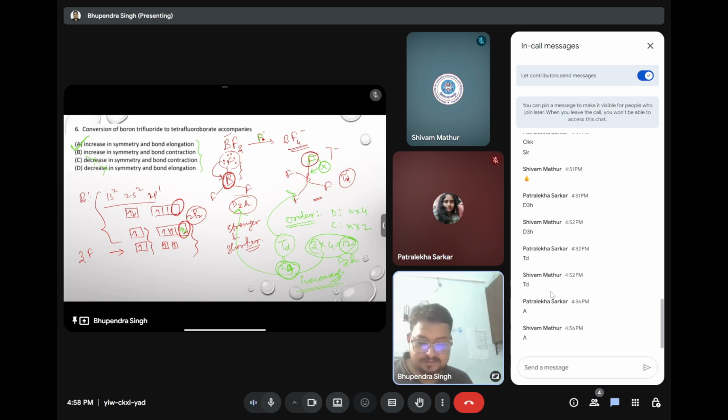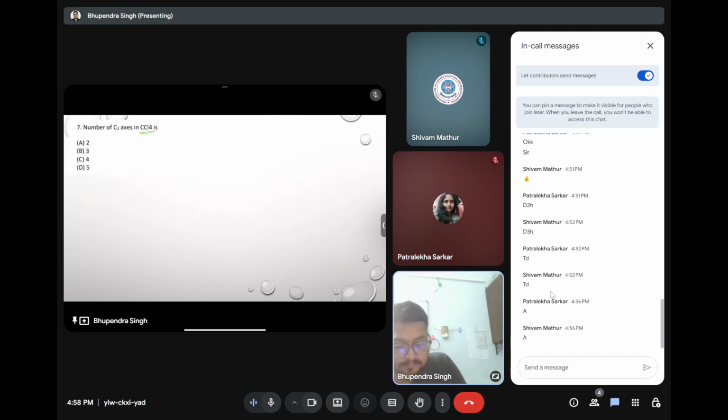The number of C2 axes in CCl4. First, try to find out the point group or the structure of CCl4. Of course, tetrahedral. Yes, it is tetrahedral.